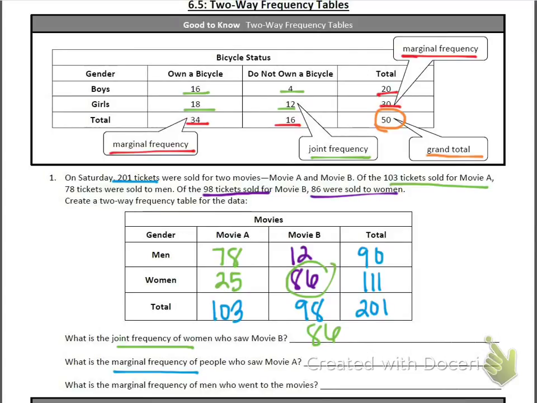How many people total saw movie A? 103. And then the other question is, what is the marginal frequency of men who went to the movies? How many men went to the movies? 90. So what I'm really testing is so that you guys understand that marginal frequency can be from either margin, right? So it can be the total men, the total women, total movie A, or total movie B. Okay? Seem easy? Let's make it more complicated, shall we?